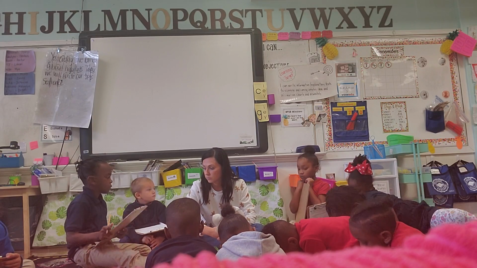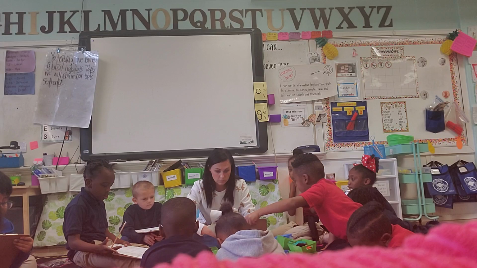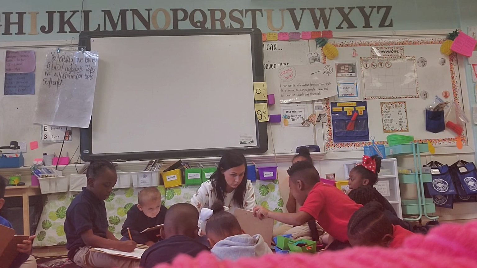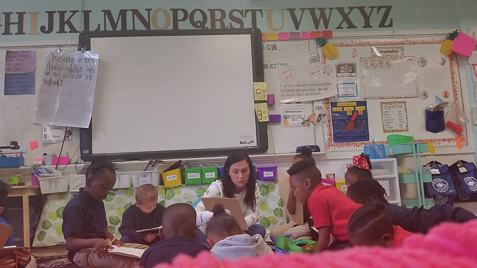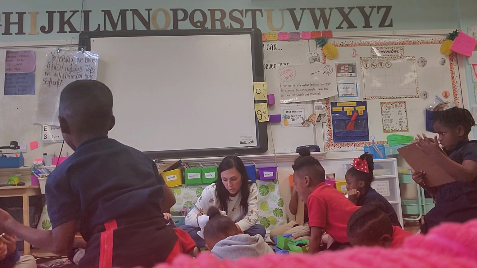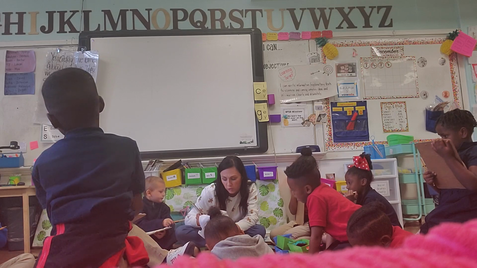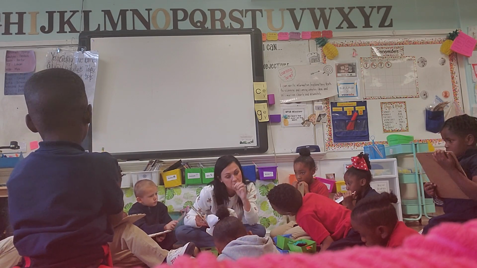I'm almost done. It's 4. Okay. So you have 6 minus 2. What's 2 plus 6? You did 6 minus 2. What's 2 plus 6?